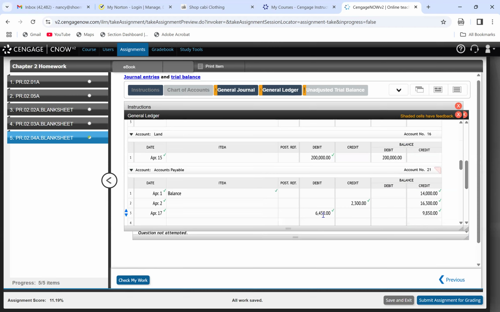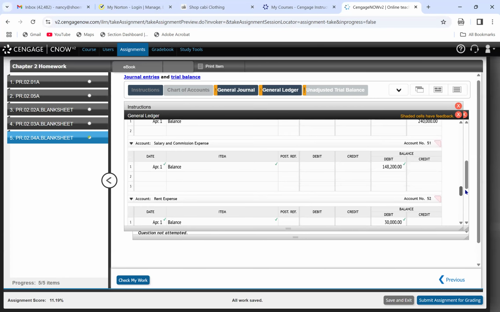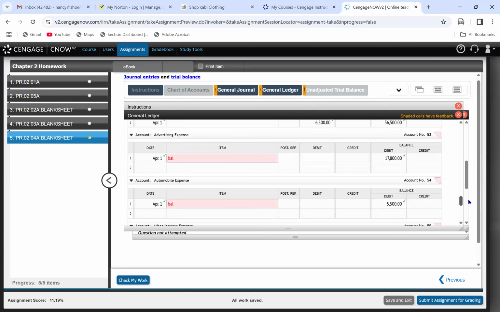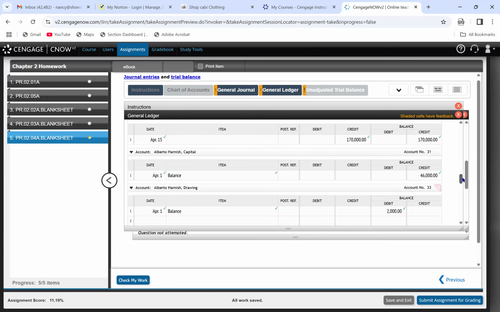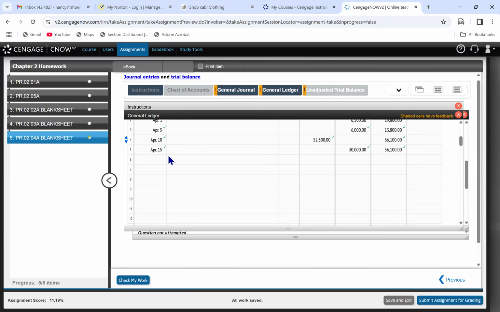Oh, yep, 9,850. That was correct. And then the cash goes down by 6,450 on April 17th. So I'll go to cash, April 17th, 6,450. My cash goes down. 36,100 minus my 6,450 is 29,650. Okay.